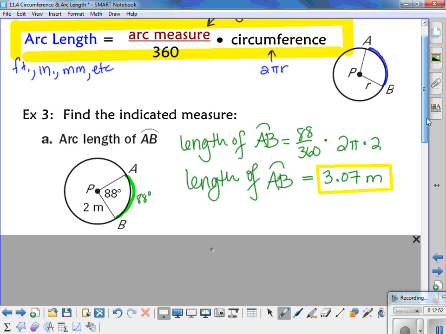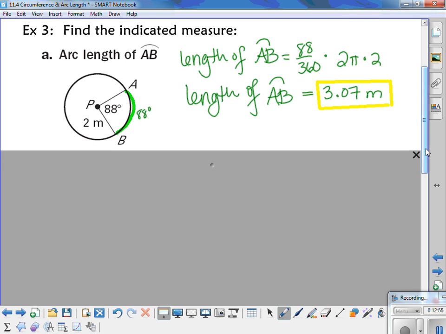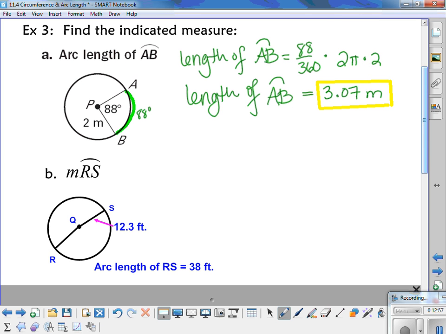All right, let's take a look at another example. Now I'm going to find the measure of RS. They gave me the length, but not the measure. So again, my formula, I know that the length is equal to the arc degrees over 360 times 2 pi r, or times the circumference.